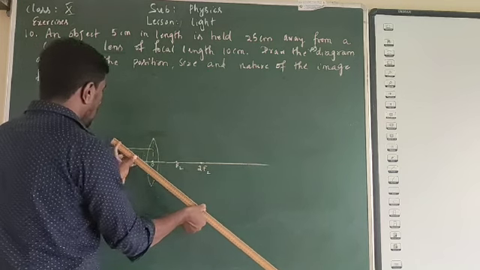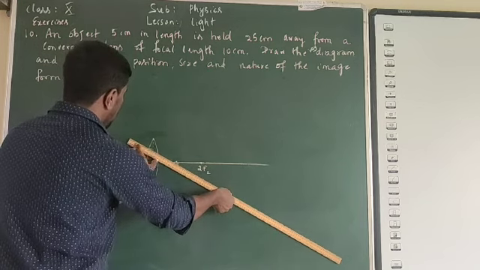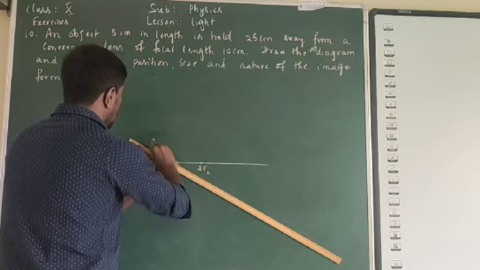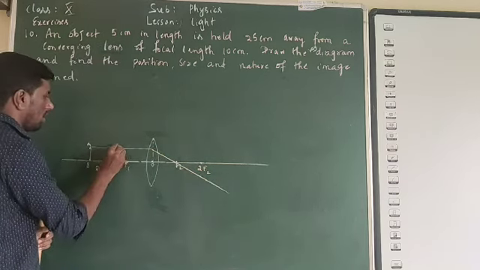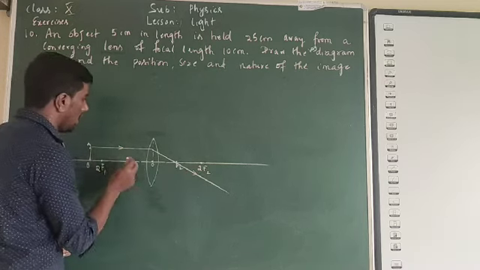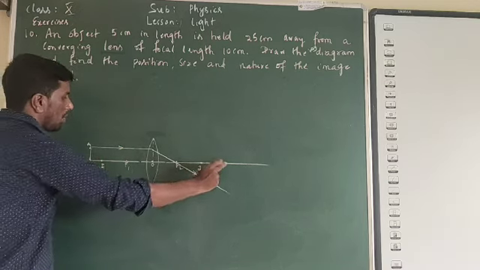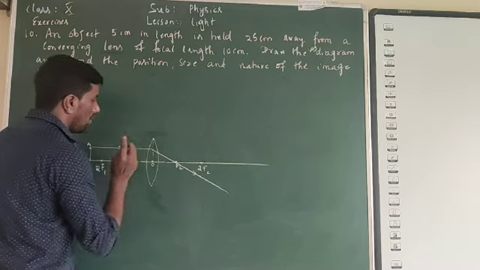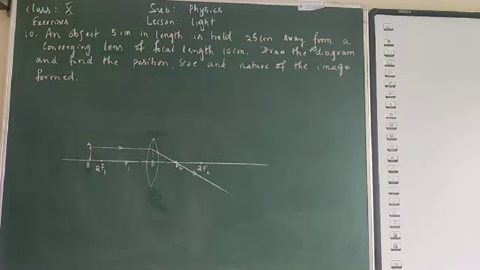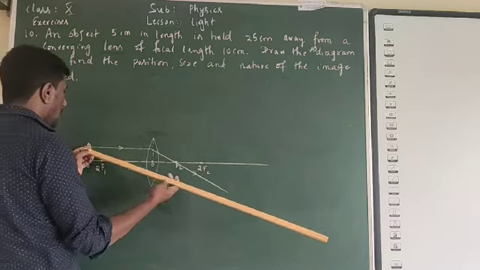That will pass through the principal focus. This is one incident ray. If it is parallel to the principal axis, it will refract through the principal focus. One more standard ray we take is through the optical center.